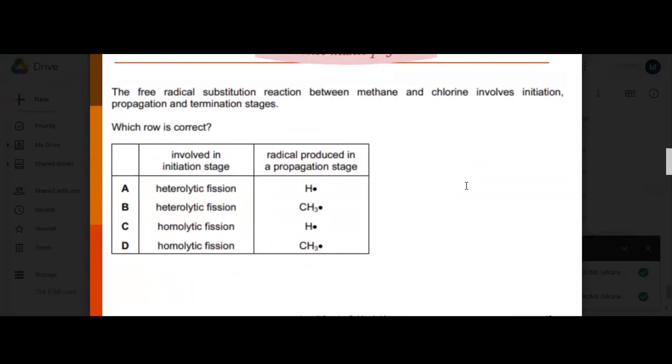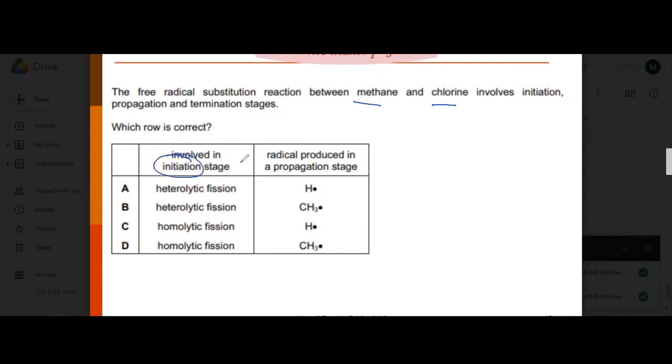Please try this. Methane and chlorine involve initiation, propagation, termination.